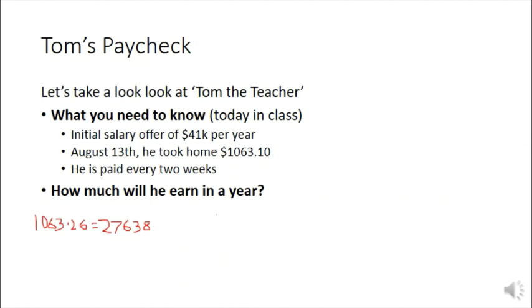And in the year-to-date, and keep in mind this is an August paycheck, he's earned about $25,000. So we can take that amount and divide it by 8, the number of months he's had in the year so far, and then multiply that by 12, and that gets us about $37,500.